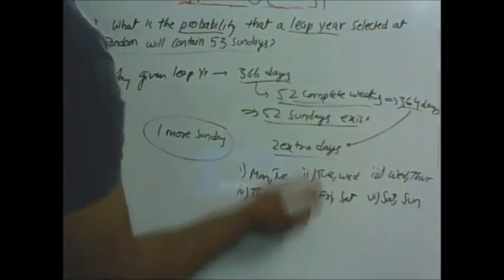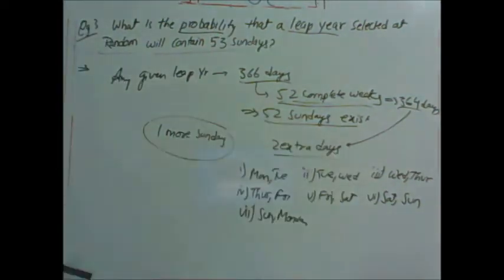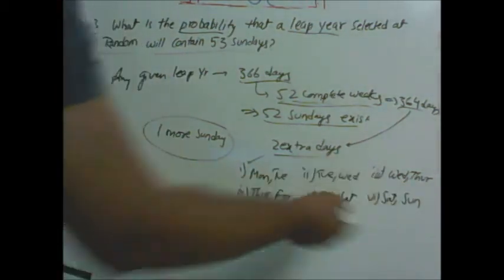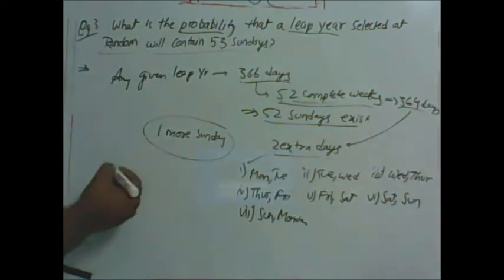So these 2 consecutive days can be any of these 7 possibilities. Again, next is Monday and Tuesday, which is already there; the cycle will repeat.